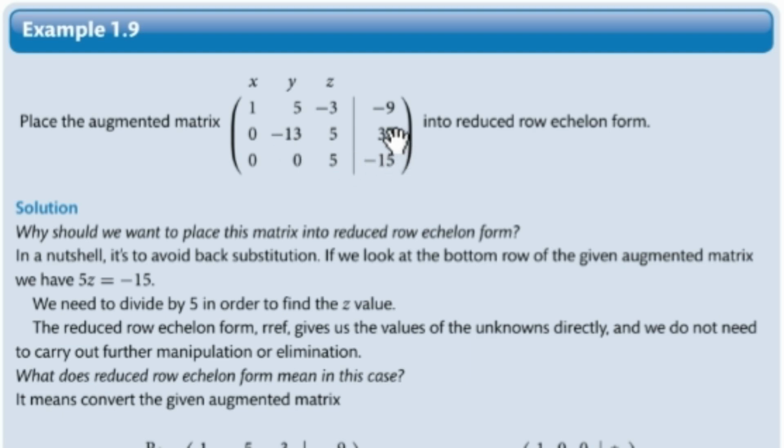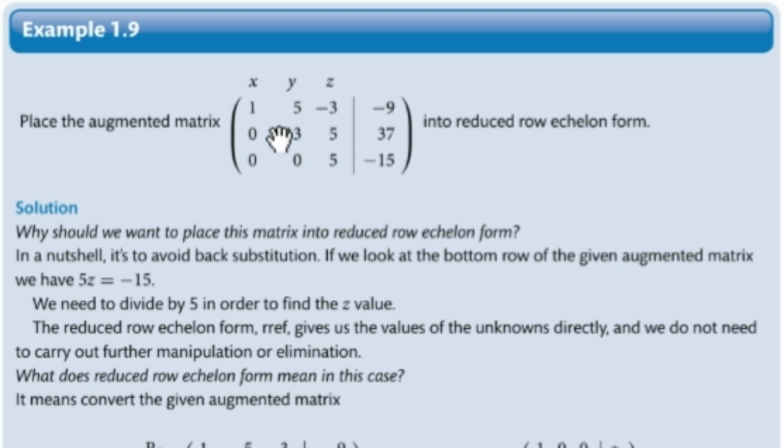So 37 plus 15 is 52. 52 divided by 13, I'd imagine that works out because 13 goes into 26 and 26 doubles to 52. So hell yeah, it looks like my y value is going to be negative 4.